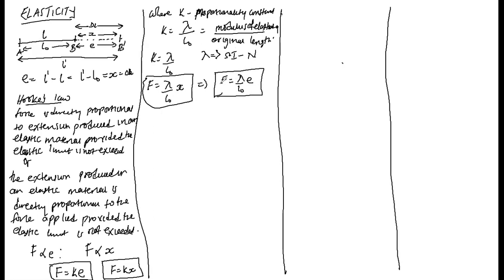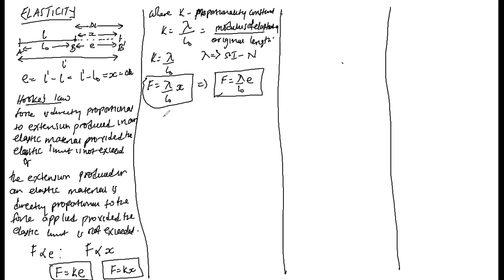So basically, that is the general illustration of how elasticity will be looked at. But most importantly, it has what we call the modulus of elasticity, the original length, the extension, and the force that has been applied.